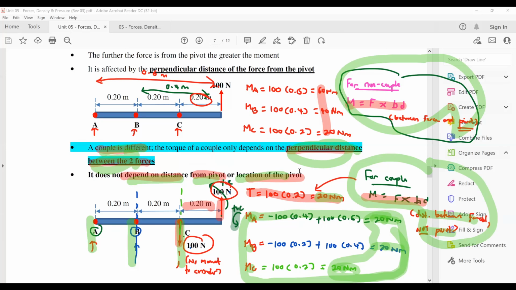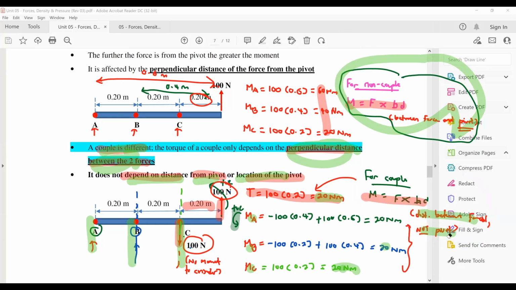Right. So, is there anything else I can write here? Let me just erase certain things. Maybe this one I'll just write in here somewhere. I'll just write in black here.